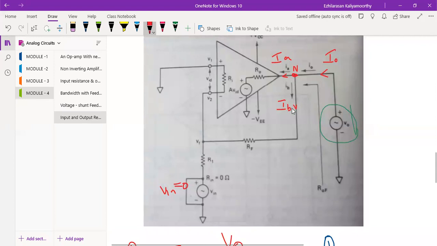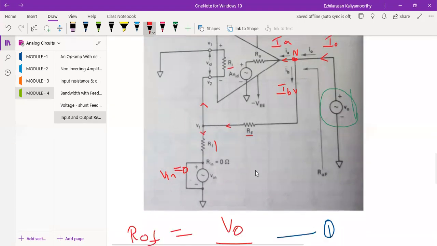The IB current which is flowing will flow over there, same current here also. So RF is one term, then R1 is there, then RI also is there, because RI is connected at the other end to ground.